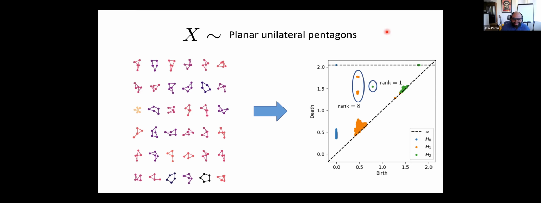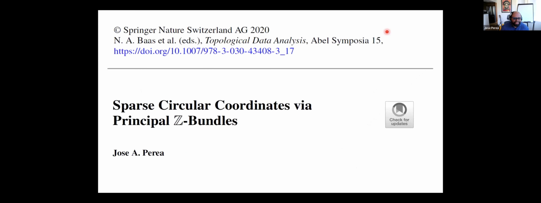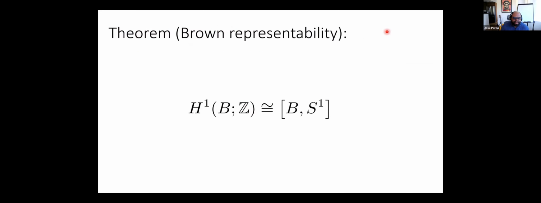So here's what the tool we're going to use is called. This is part of a paper from a couple of years ago, and what the paper does is it leverages the following theorem. There's a beautiful theorem in algebraic topology. One of its consequences is the following.